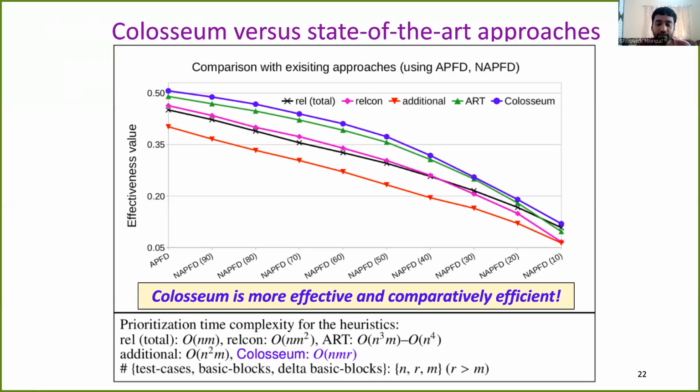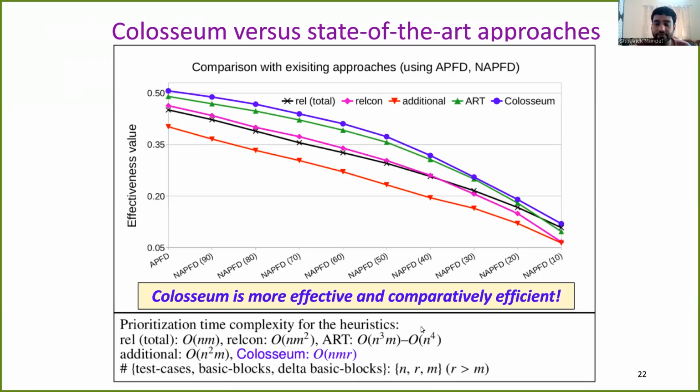Now, how about the efficiency? If we have N test cases, R total basic blocks, and M affected basic blocks, the time complexity is order of N × M × R for Colosseum. And it is comparatively efficient relative to greedy additional, RELCON and ART.